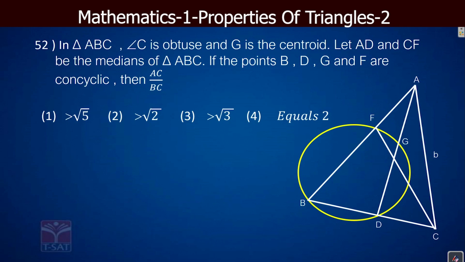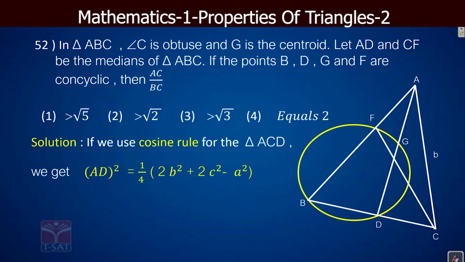Now see, for the triangle ACD, after drawing the diagram, AD square is equal to 1 by 4 into 2b square plus 2c square minus a square. Please remember that in any triangle ABC, if AD, BE and CF are the medians, then 4 into AD square is equal to 2b square plus 2c square minus a square. Easy to remember.